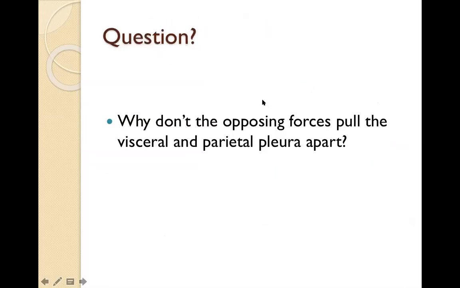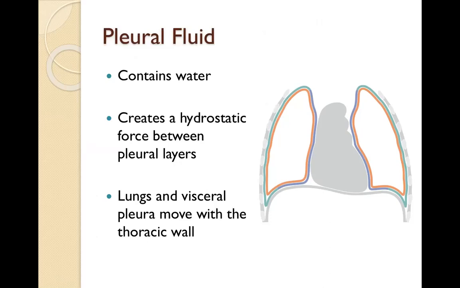Now, here's a question. There's two layers of pleura. Why aren't they just pulled apart? Why doesn't the visceral pleura just completely detach from the parietal pleura? And why doesn't the lung just sort of collapse down? The reason for that is that the pleural fluid contains water, and there is a hydrostatic force between the two layers of pleura.